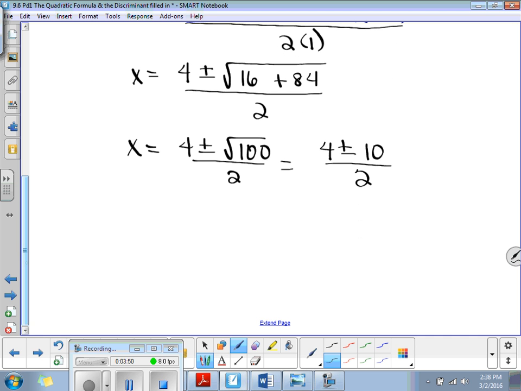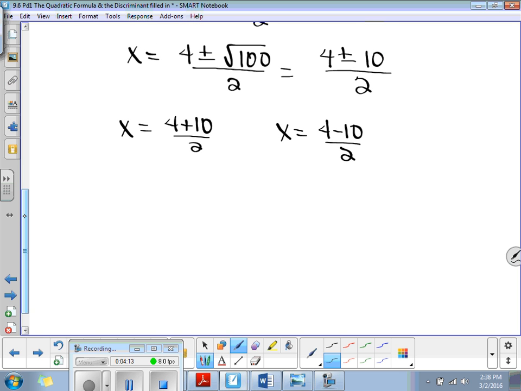Notice that there's a plus and there's a minus. How many solutions am I going to have? 2. Very good. So we have x is equal to 4 plus 10 divided by 2, and x is equal to 4 minus 10 divided by 2.